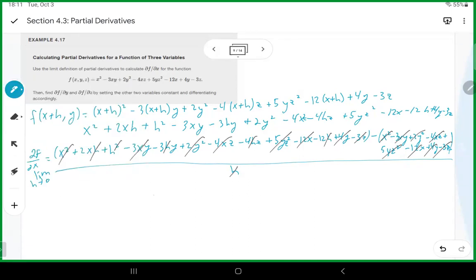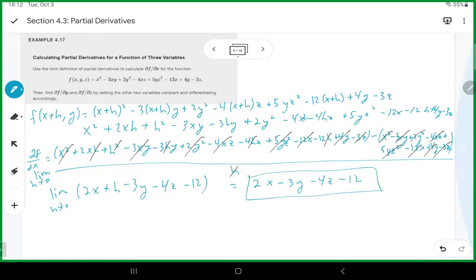So that leaves us with the limit as h approaches 0 for 2x plus h minus 3y minus 4z minus 12. And if we throw the 0 in, then we're just going to end up with 2x minus 3y minus 4z minus 12. Okay. That is the long way.